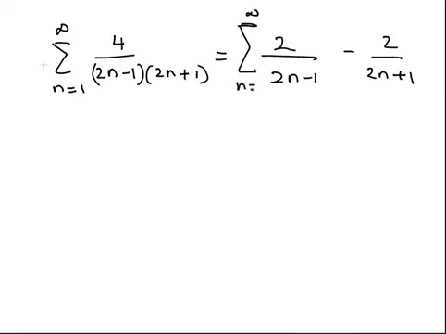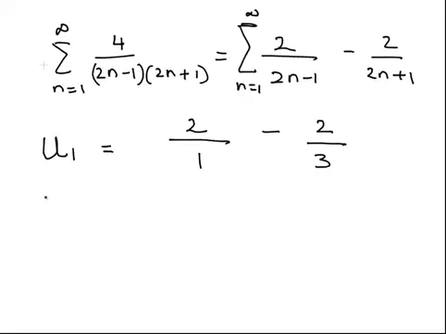Now we evaluate each term to finish this off. u1 is equal to 2 over 1 minus 2 over 3. N here is 1, so 2n minus 1 gives us 1, and 2n plus 1 gives 3.